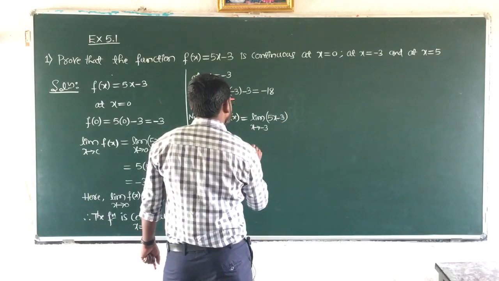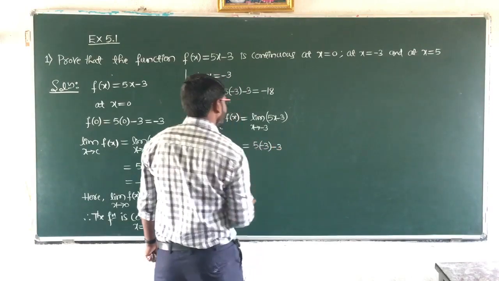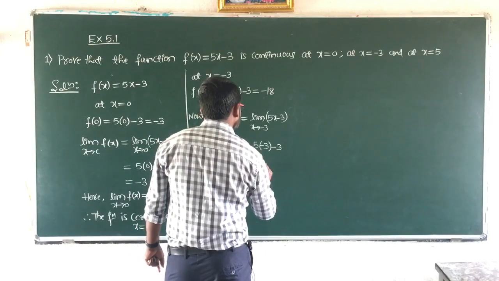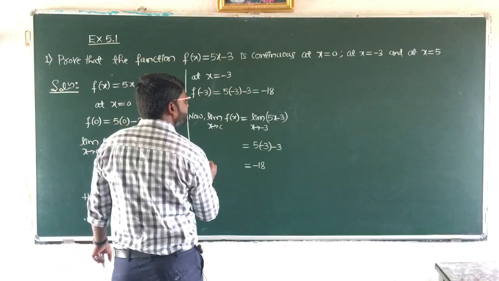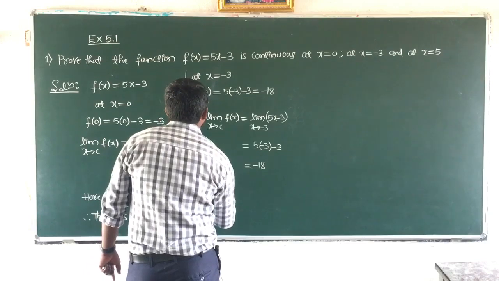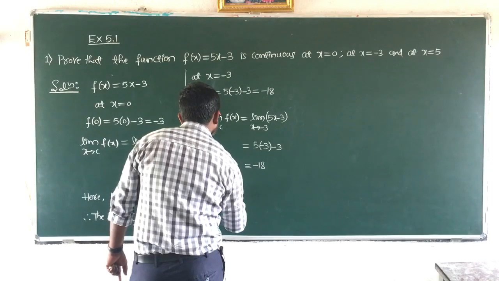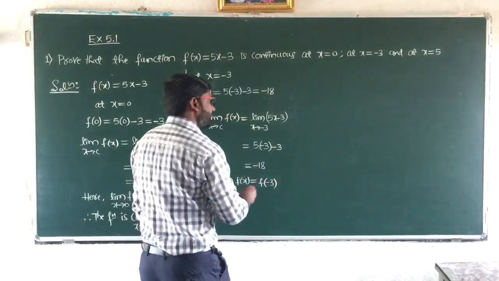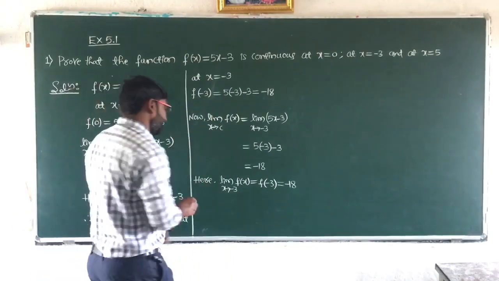So here apply the limit now. 5 into minus 3 is minus 15, and minus 3 will give us minus 18. Again the value of the function and the limit of the function are equal, hence the function is continuous at x equal to minus 3. Limit x tends to minus 3 f of x is equal to f of minus 3, which is equal to minus 18.